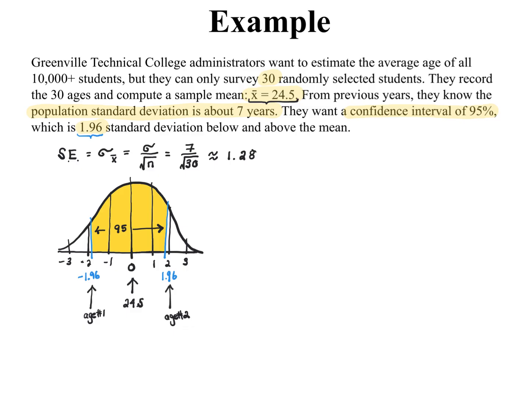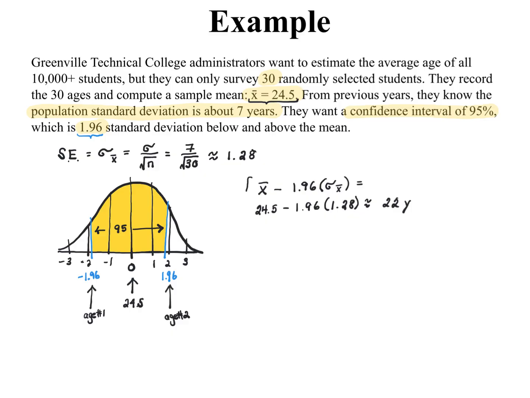So for the lowest age, we're going to take the mean, the center age, and we're going to subtract 1.96 multiplied by the standard deviation of the sampling distribution. And of course, the mean is 24.5 minus 1.96 times the standard deviation of the sampling distribution, which we calculated is 1.28. And this gives us an approximate age of 22 years.